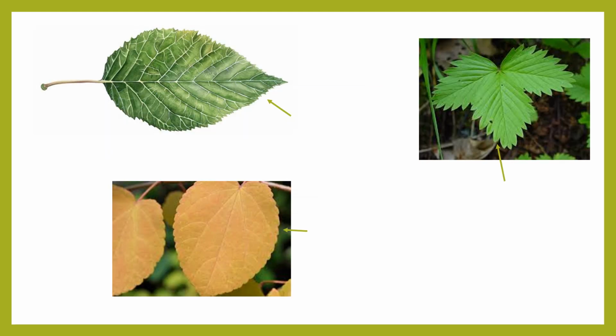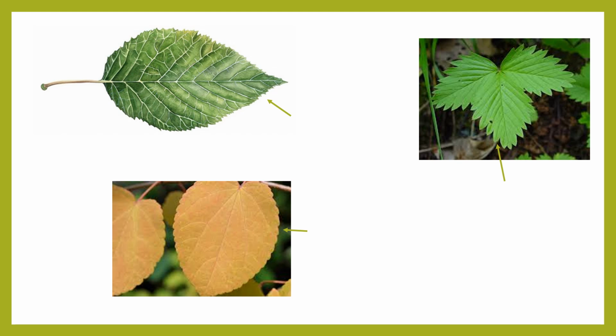Now these are examples for each one. There are 3 pictures for toothed margin, but according to their differences in the sharpness and the direction of the tooth point, they separate into 3 types. As I said, one of them is serrate.